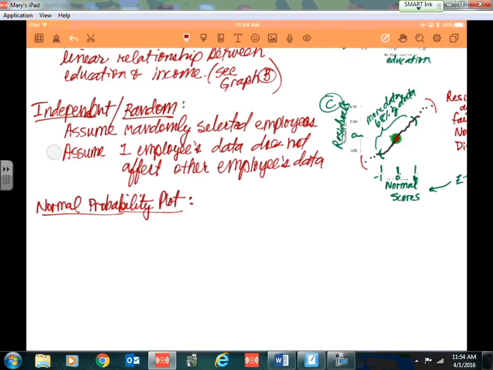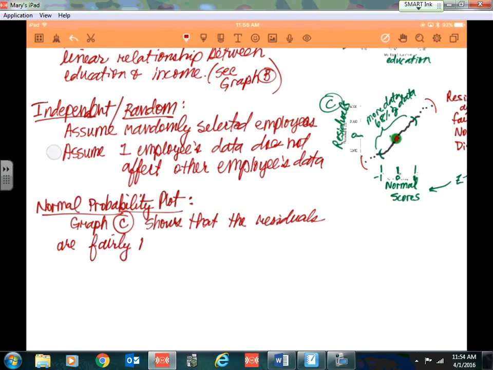Yes, I'm going to say graph C shows that the residuals are fairly normally distributed around LSRL. So I'm kind of taking the shortcut. I'm going least squares regression line just because that's shorter than saying the prediction line or the line of best fit or whatever.